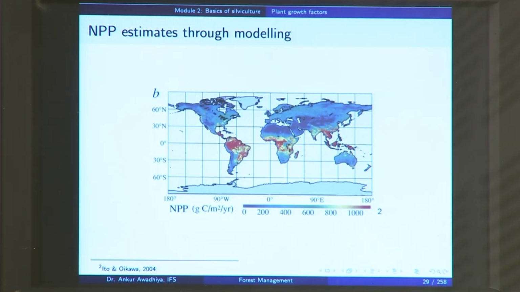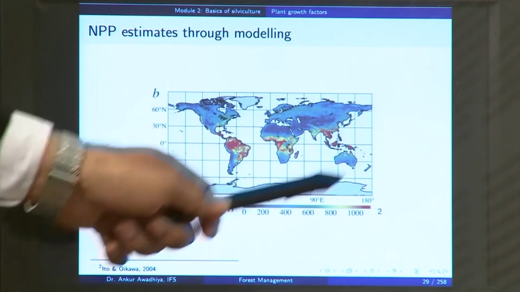Then we can make use of our knowledge of which species are found in which areas, which will give us an estimate of the light use efficiency, and using both of these we can compute the net primary productivity of different regions of the earth.